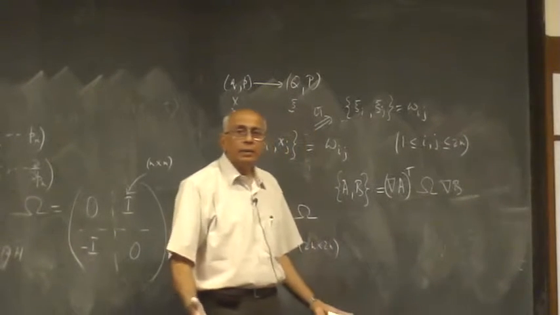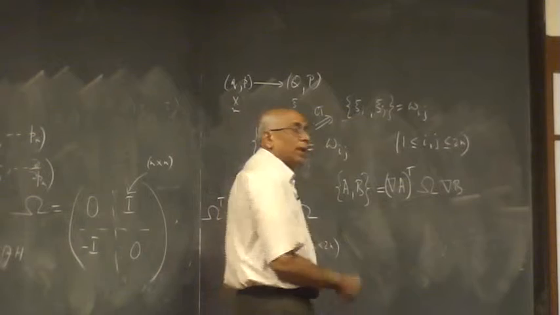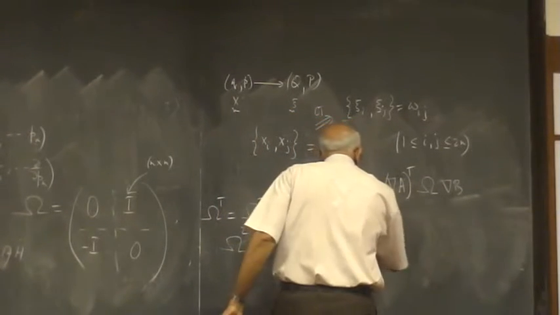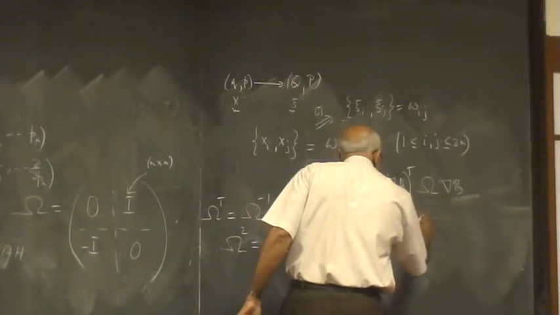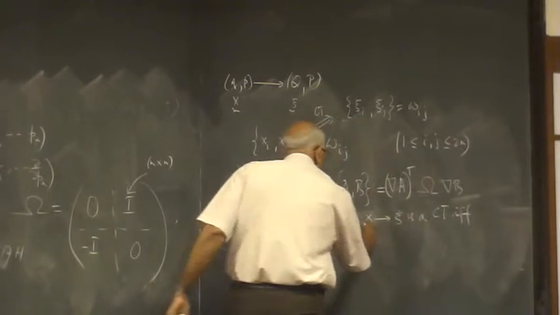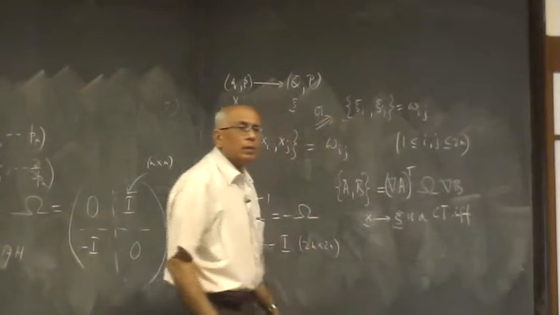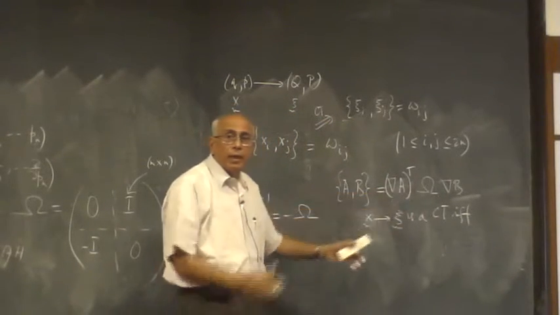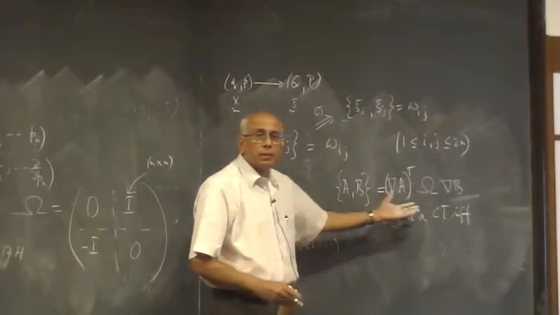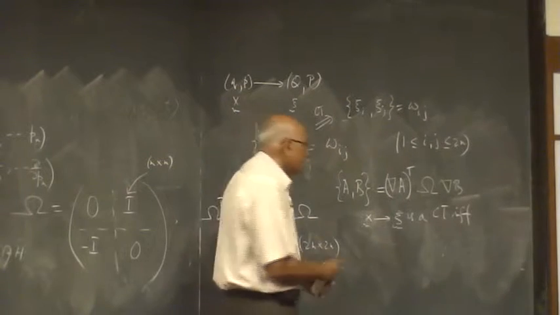So what's it saying? It's saying that for a canonical transformation, x to xi is a CT if and only if, plug it in here and equate both sides. And what do you get?